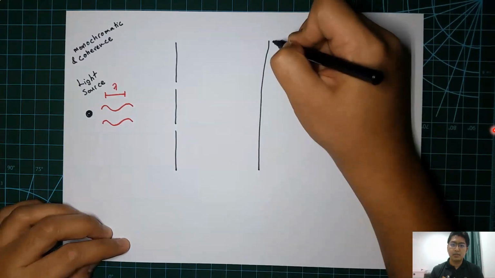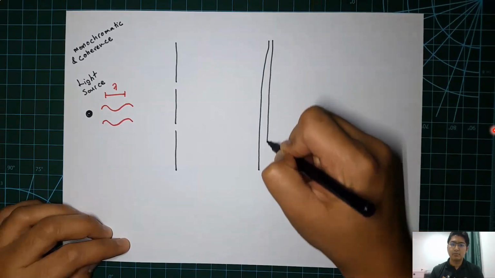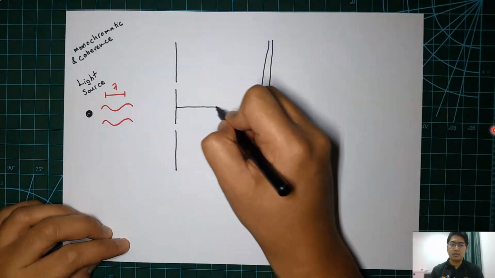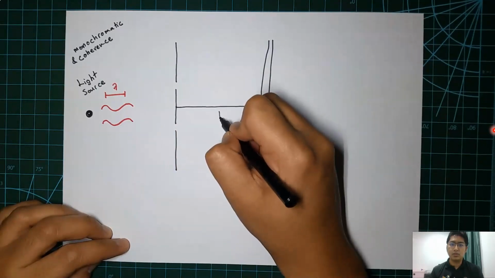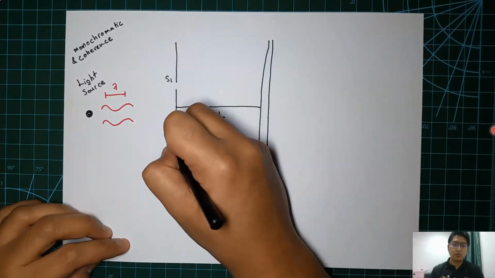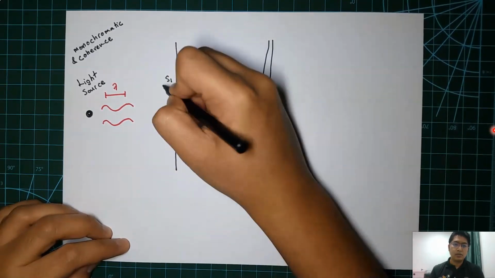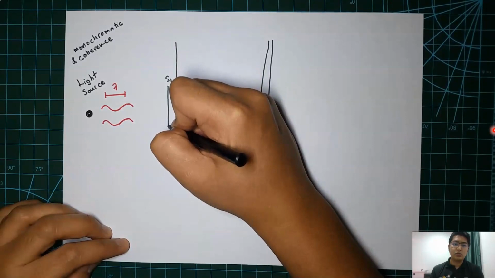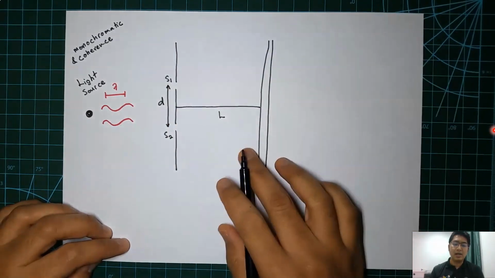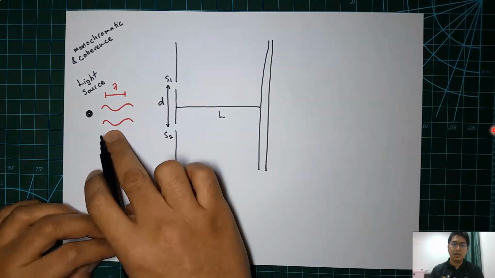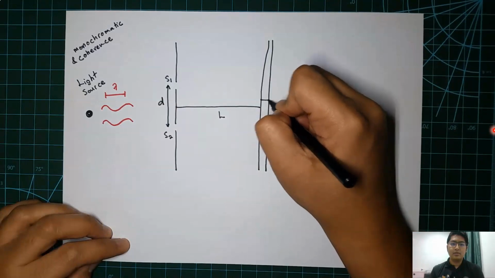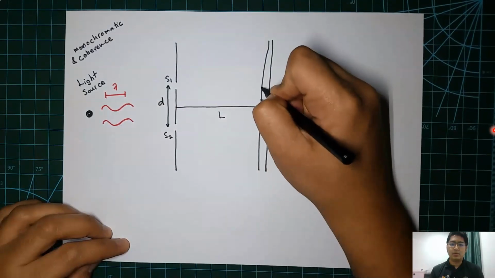This is the screen. This is the distance from the slit to the screen, denoted by L. S1 is slit 1, S2 is slit 2. Slit 1 and slit 2 act like the first source and the second source. And d is the distance between slit 1 and slit 2.